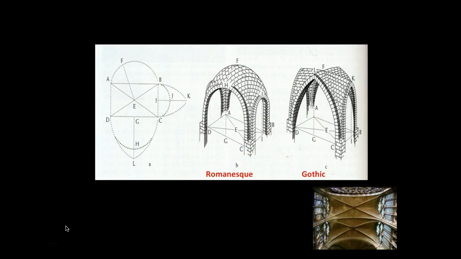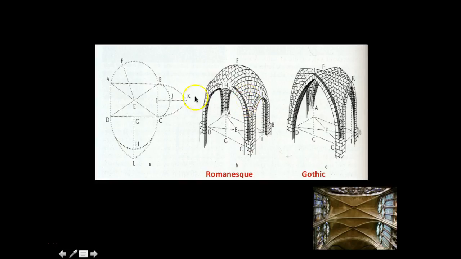Okay, so to start off, these are some diagrams of what's different between the architecture in Romanesque and Gothic. I know you can obviously see the difference with the rounded arches for the Romanesque and the pointed arches for the Gothic. But this diagram shows the same floor plan comparing the two architectural features.